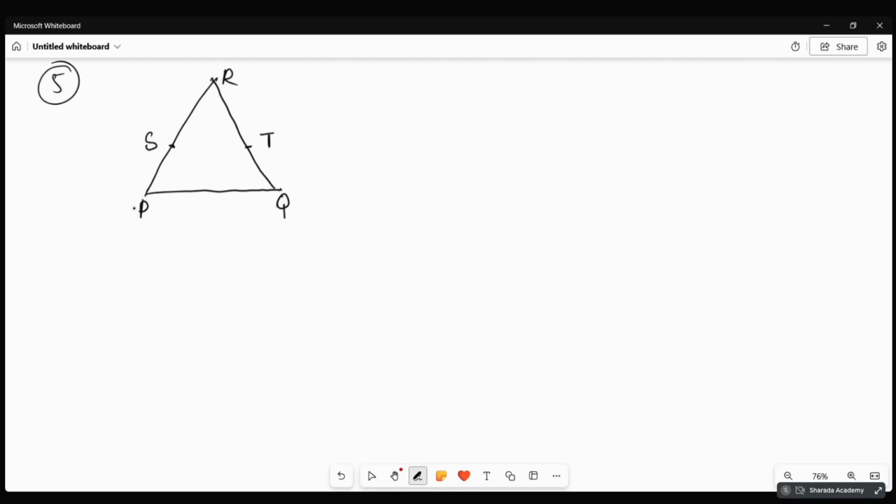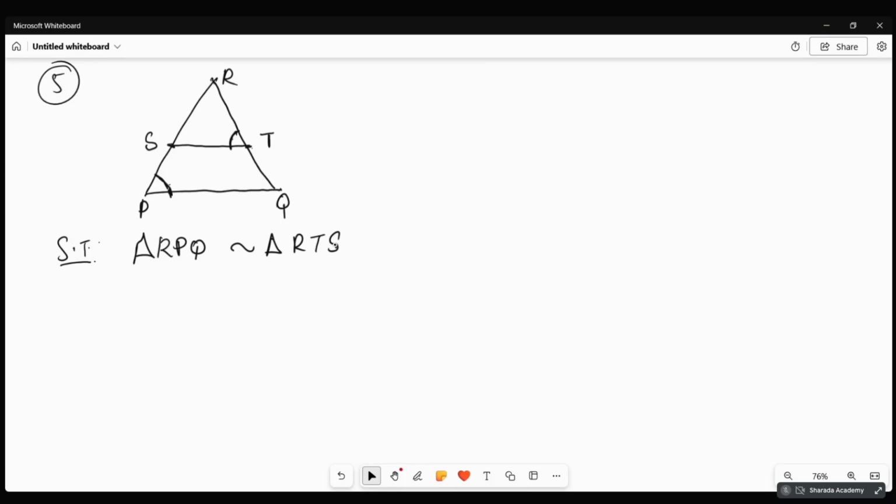Now, angle P is equal to angle RTS. So join this RTS. These two angles are equal. Now show that triangle RPQ is similar to triangle RTS.